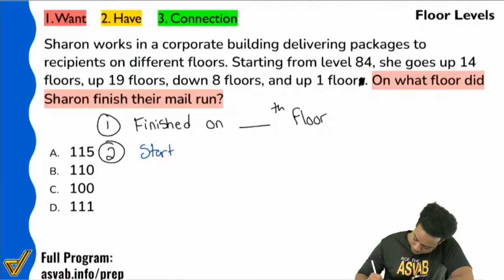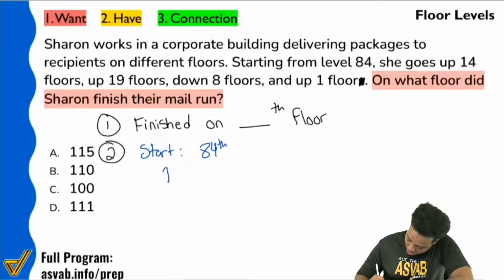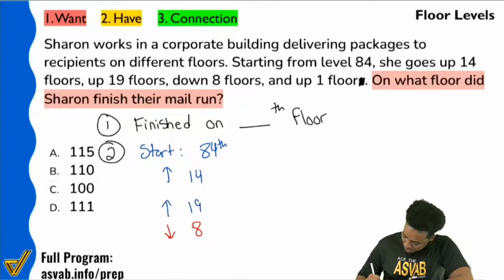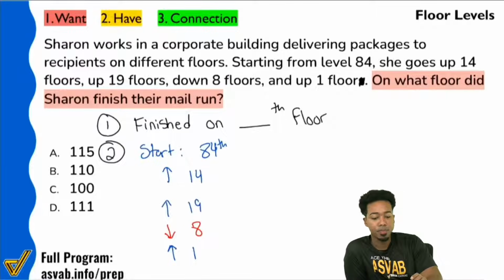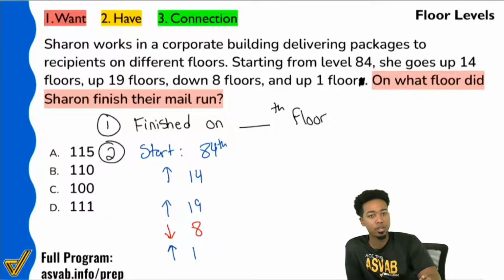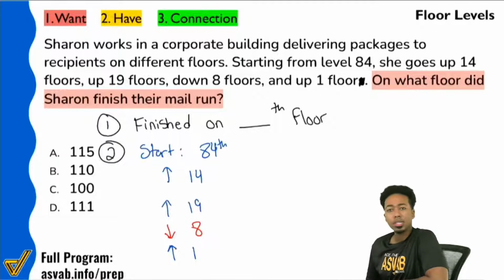We have the starting point, 84th floor, and then up 14 floors, up 19 floors, down 8 floors, and then up again 1 floor. Now that we have the information, what do we need to do? What's the connection?